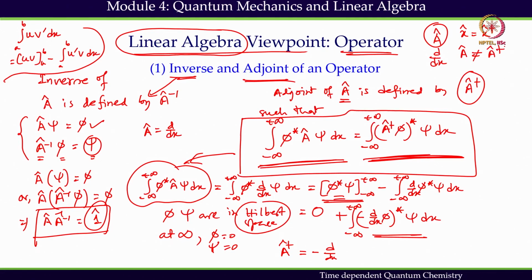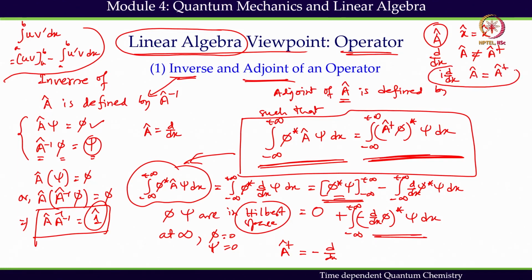So it is not necessary that the adjoint would always be the same as the operator. It depends on what kind of operator I have. One can very easily prove that if the operator is i d dx, then it will be equal to its adjoint.